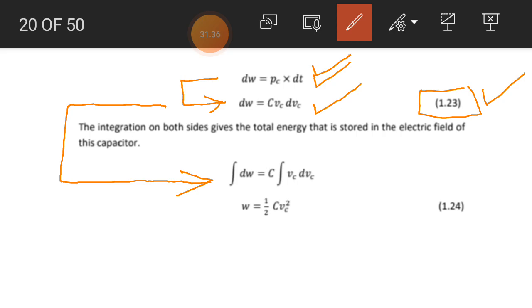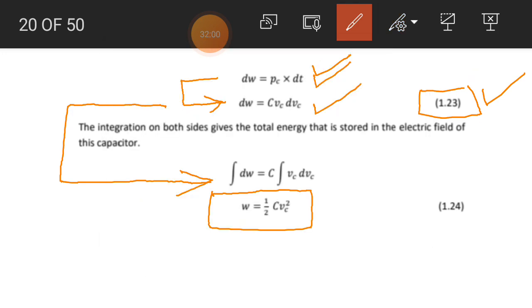So what we do, we integrate both sides of equation number 23, which gives you the total energy taken by the capacitor from the voltage source. So the integration results in equation number 24.